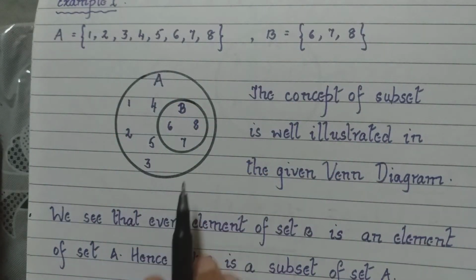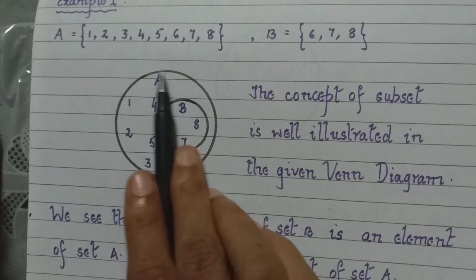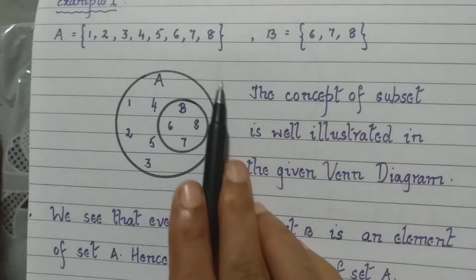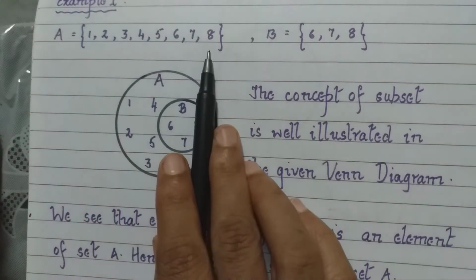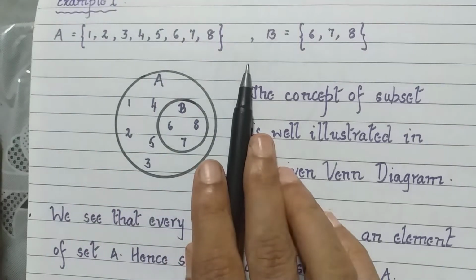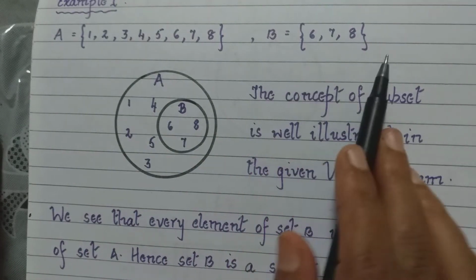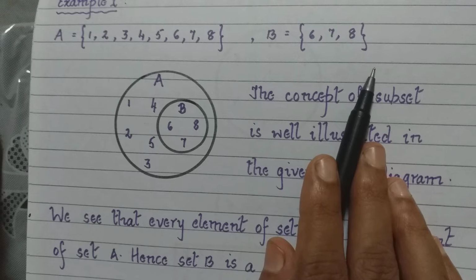Since all the elements which are in set B are in set A, therefore B is a subset of A. So first we have the bigger set A, which contains the elements 1 to 8. Then we have the set B having the elements 6, 7, 8.